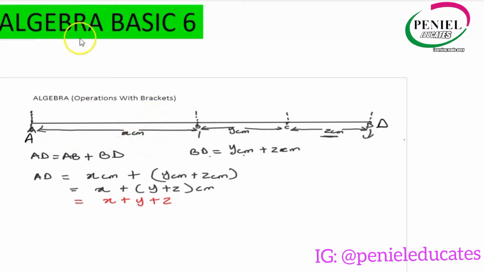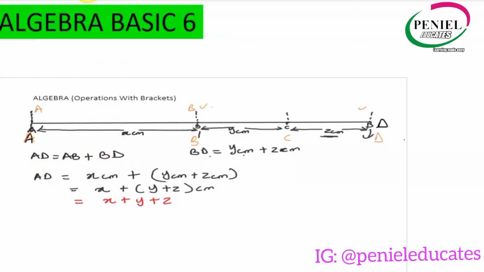We have AB, then C, and a length BC. That's AD, and this AD is AB plus BD, so it can be AB here plus BD here, which makes the line AD.